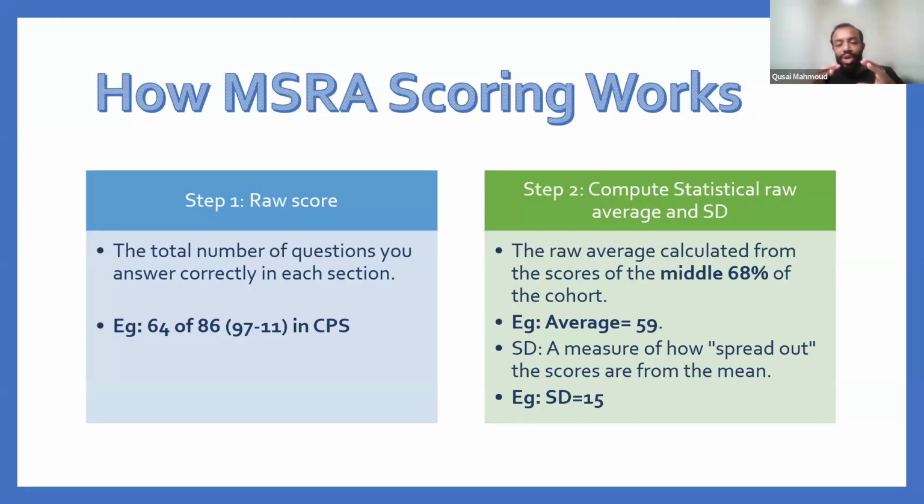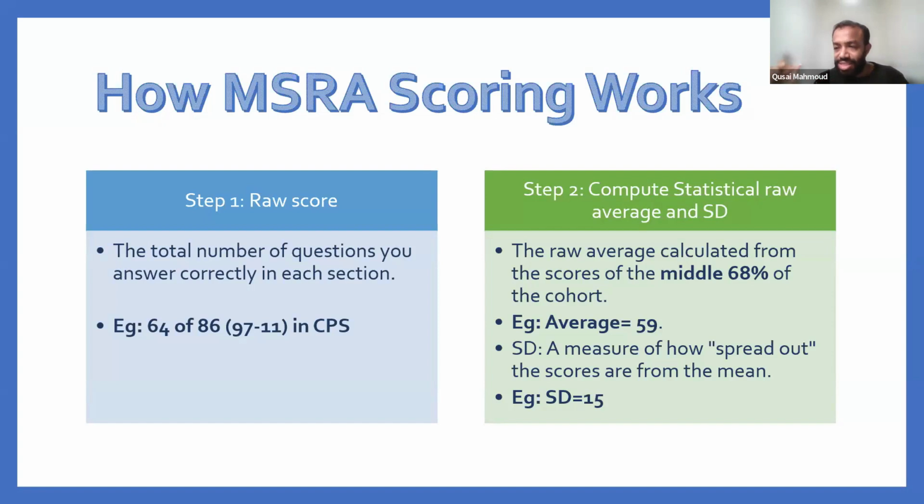So in the cohort, you will have some outliers. They're scoring very, very high, for example, 86 out of 86. They don't count these people. And some people are scoring very low. They don't count these people. They take the 68% in the middle. The two-thirds in the middle, they're scoring close to each other. So they take these people.